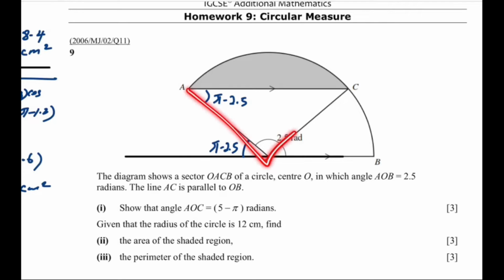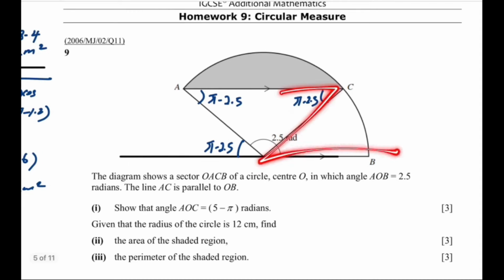If you pay attention to this triangle, it's an isosceles triangle because these two are the radius. So equal length, equal angle, right? So if this is pi minus 2.5 alternate angle, this should be pi minus 2.5 as well.